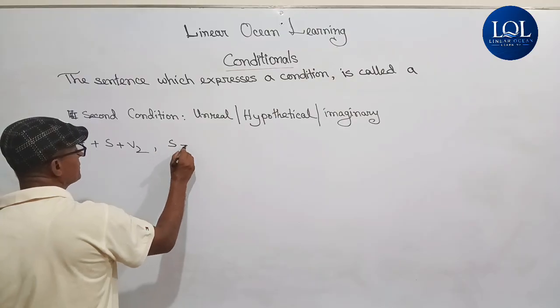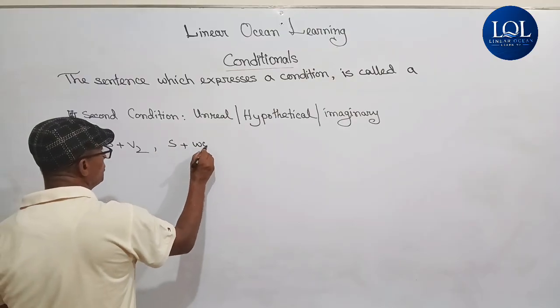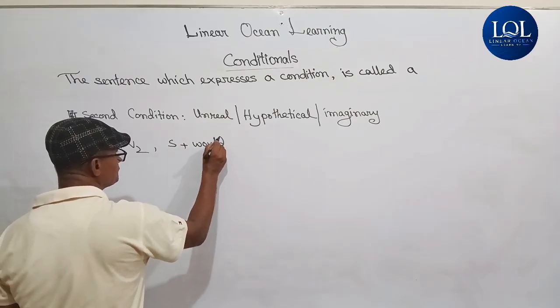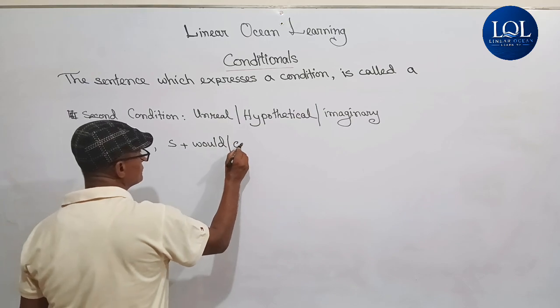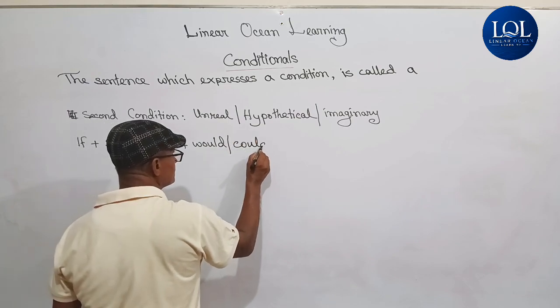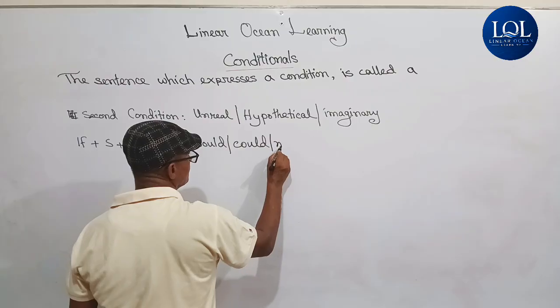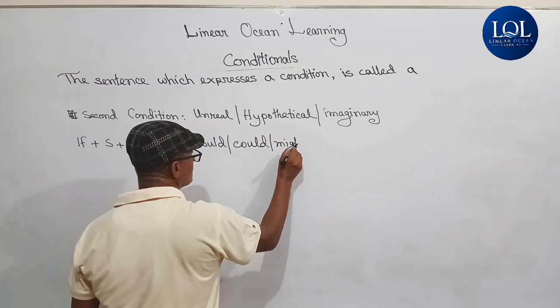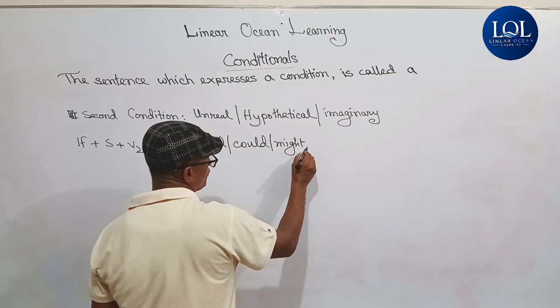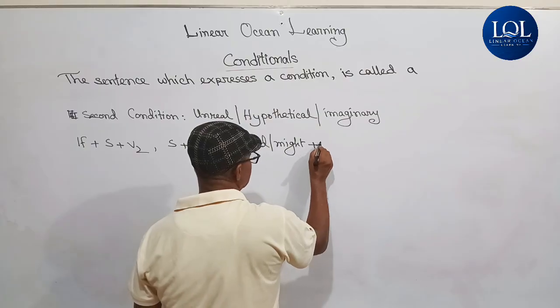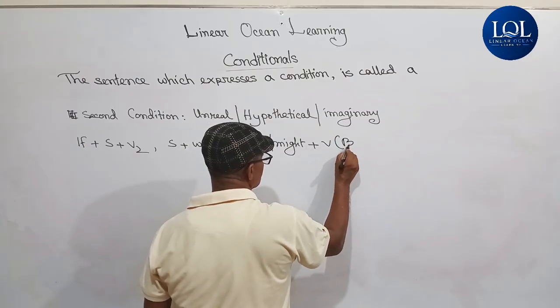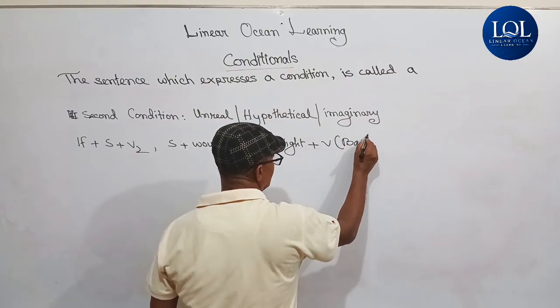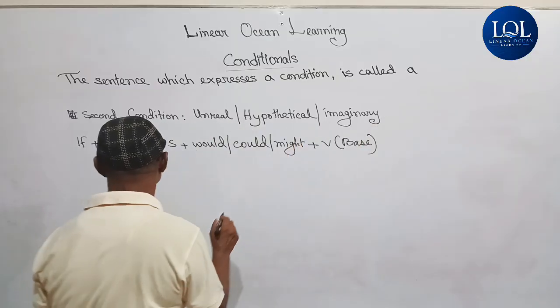comma, subject, would, could, might, plus verb base, then extension or object.